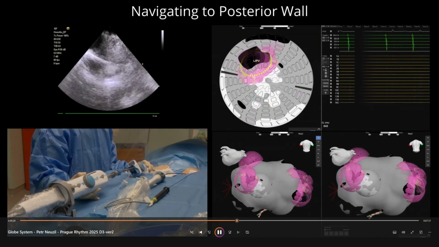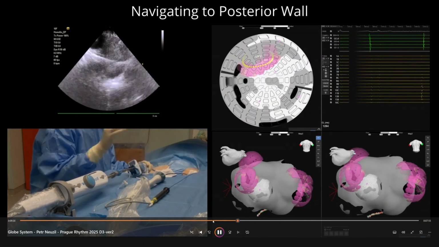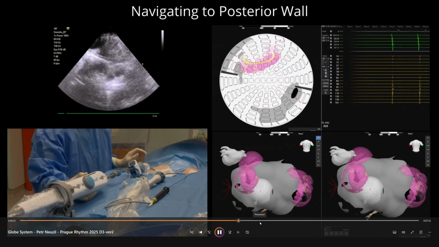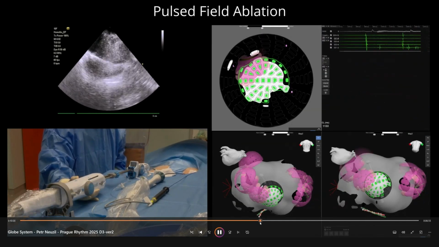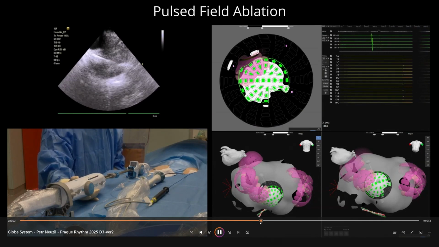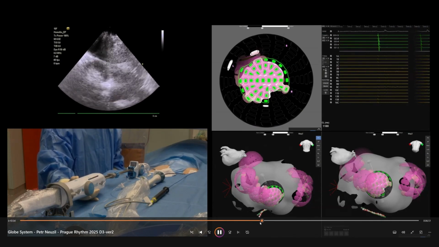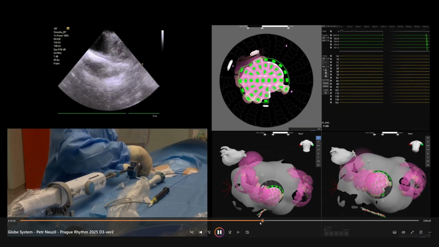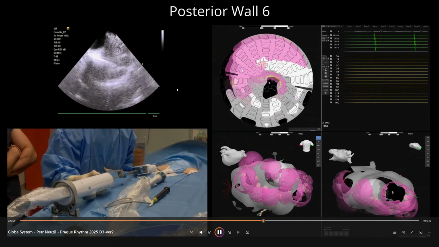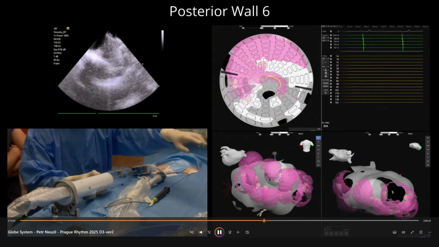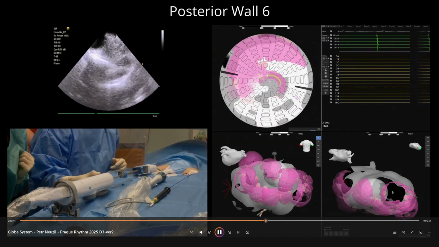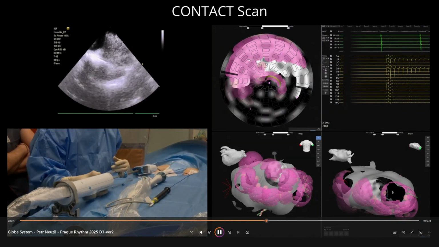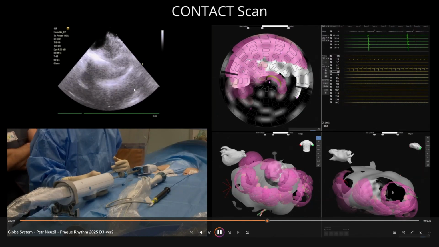So to indicate, move it faster. Because of persistent atrial fibrillation, we really stressed this during the presentation. It is very valuable to get the posterior wall and the contact, and you can consider how many elements are in contact when you push.